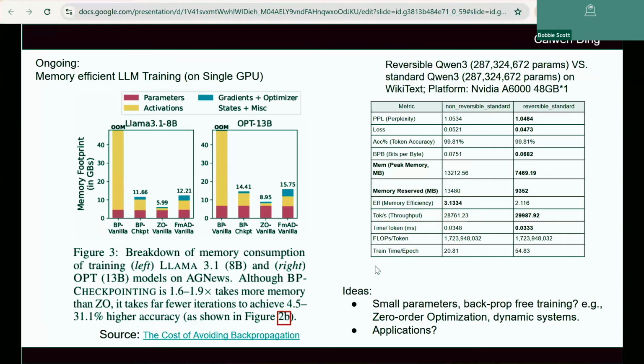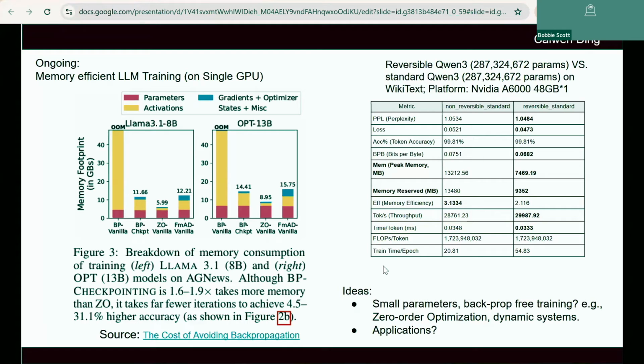Here I want to share some ideas and collaboration opportunities based on that. First, large language models nowadays have billions of parameters. Even with this reversible design, the peak memory is not reduced significantly. This is only a very small model. If we use it for hundreds of billions of parameters, there will still be scalability issues.